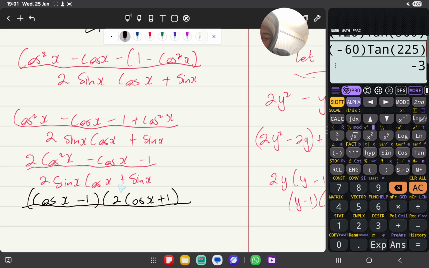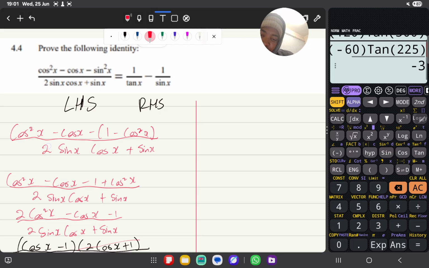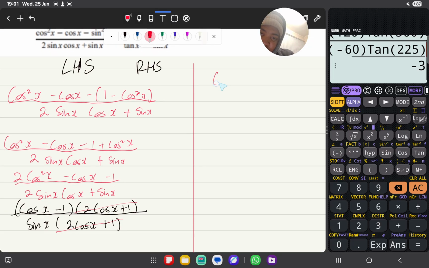The common factor here is sine, so sine x into 2 cos x plus 1, right? You realize that common factors divide each other, so remove this.